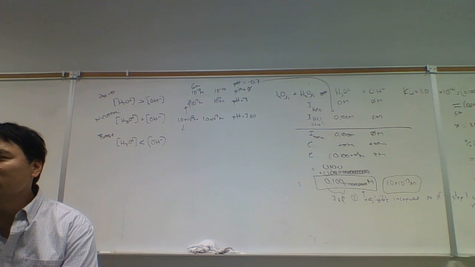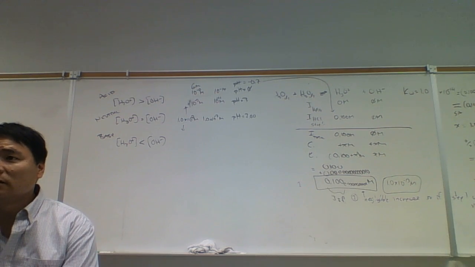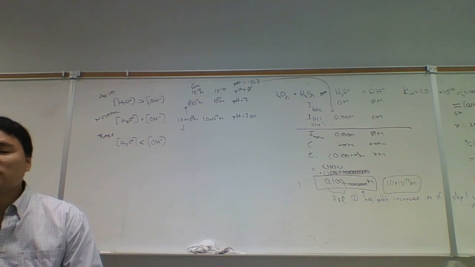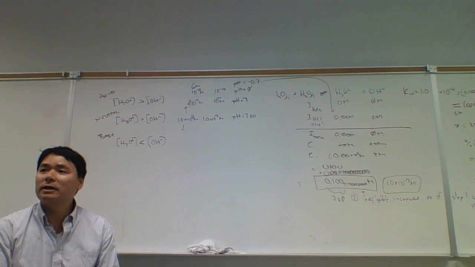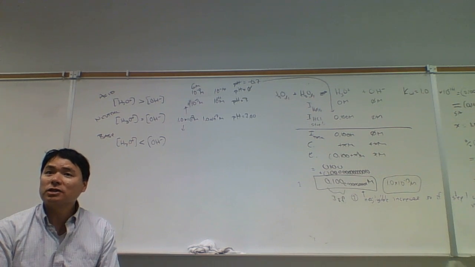Did you guys read this? Interionic attractions. When the concentrations start to get high, then things start to deviate from ideal behavior because of what kind of attractions?